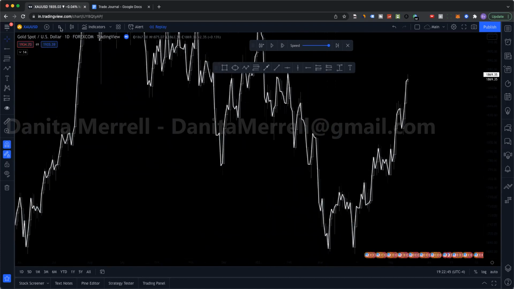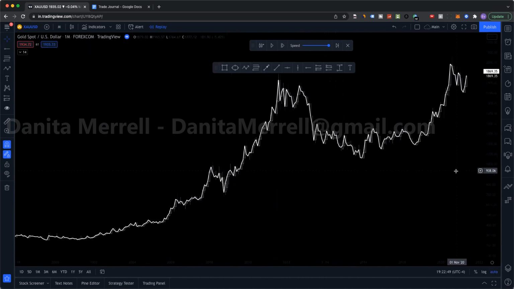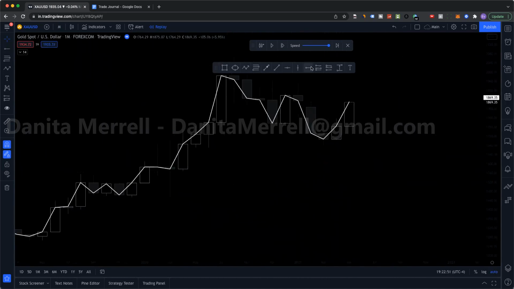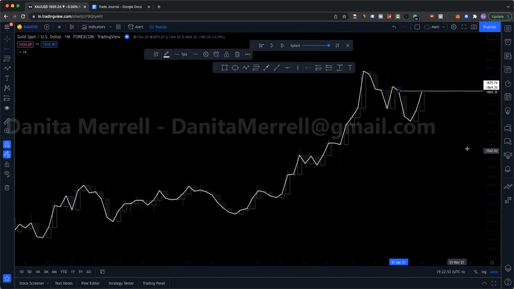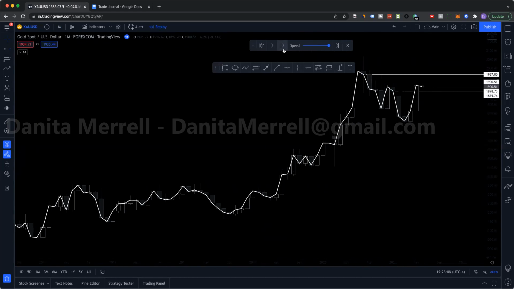So going from that monthly perspective, okay, this was the area of monthly resistance, strong resistance. Okay, but we'd have to observe this area on a lower time frame to see if it wants to find new resistance. And this monthly candle has not closed, and then that closes above this.